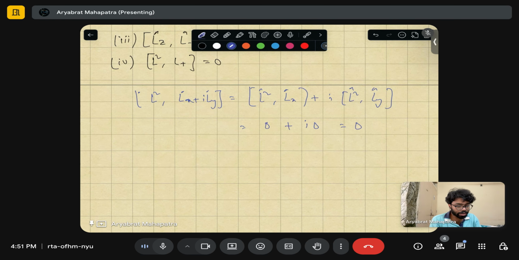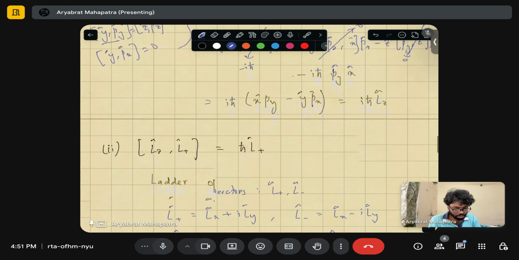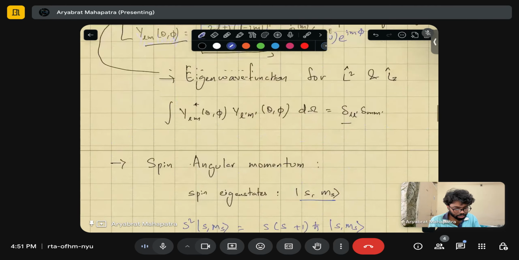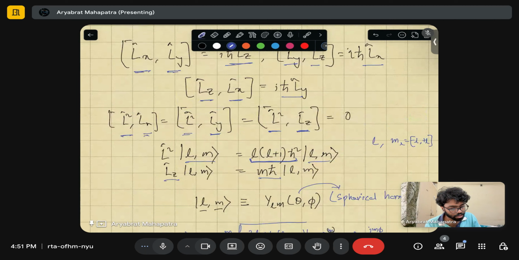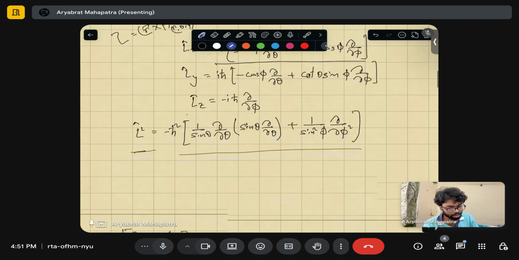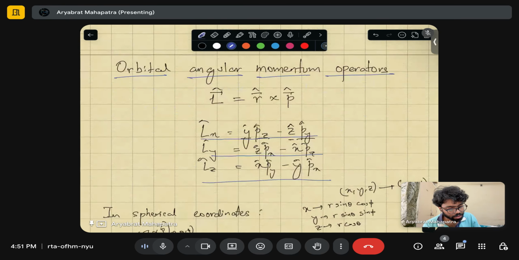L square and LX, as I showed you at the beginning, commute. Their commutation is 0. To prove this, that L square LX is 0, you can start from the Cartesian form of these operators.